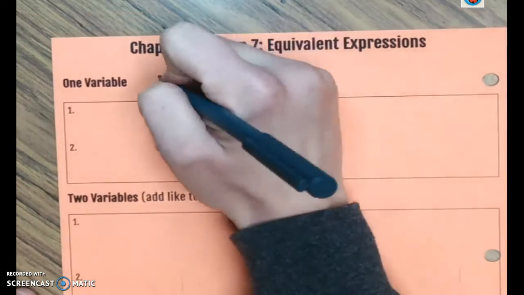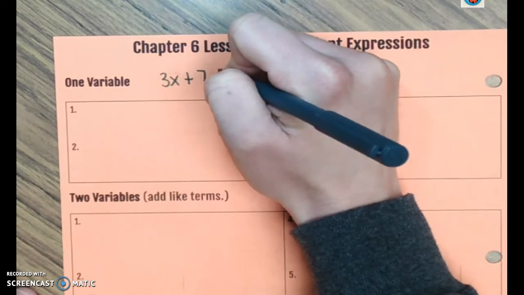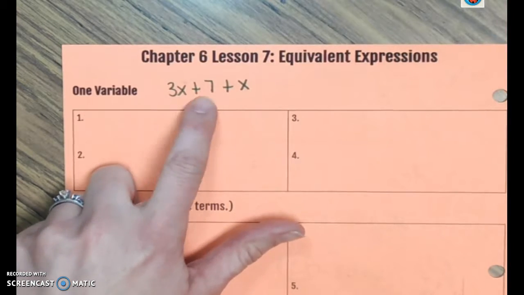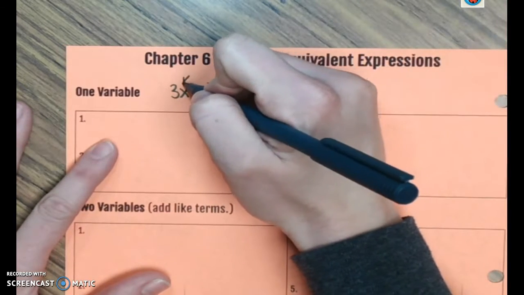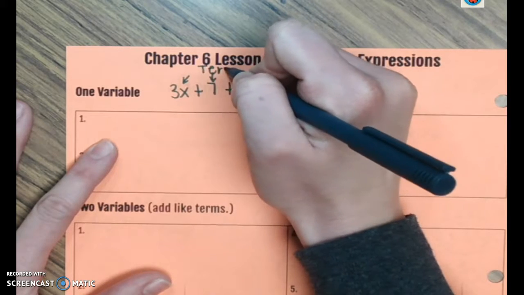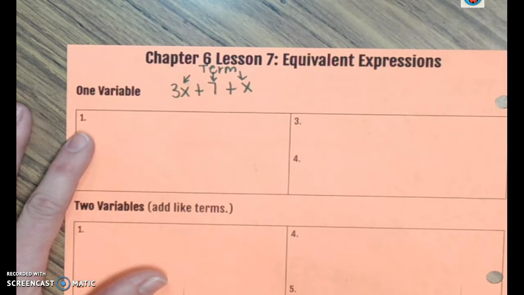So if we have something like 3x plus 7 plus x, each addition sign separates it into something else. So that's a term, and that's a term. The numerical factor of a term that contains a variable is called the coefficient.